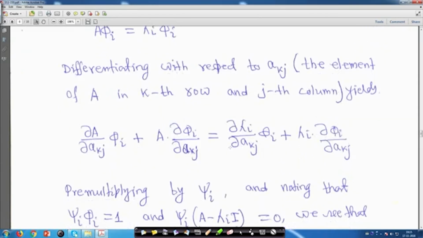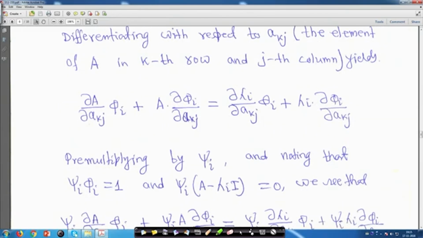Now, pre-multiplying by psi i and noting that psi phi is the identity matrix, psi i phi i is 1 and psi i (A minus lambda i I) is equal to 0. We have seen this before.